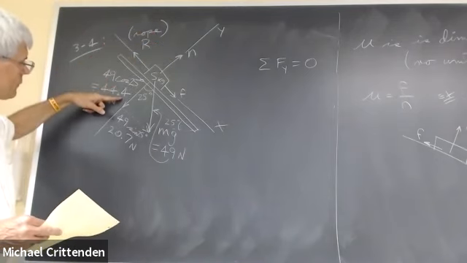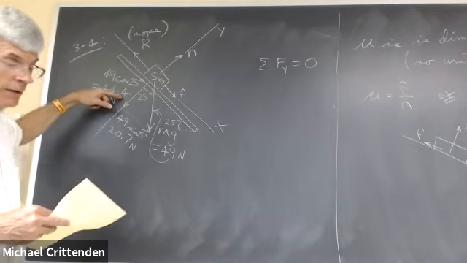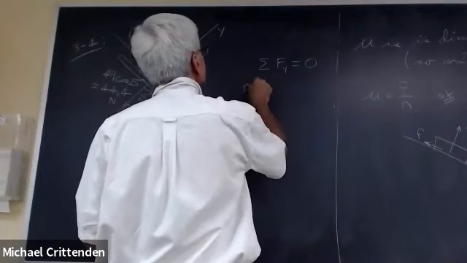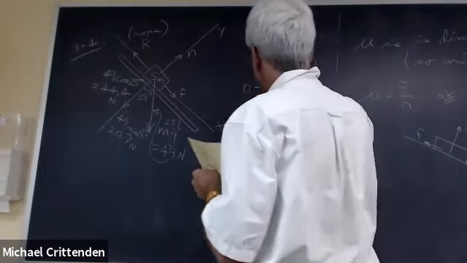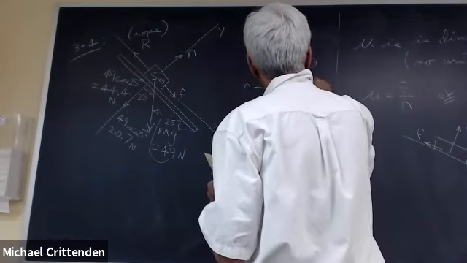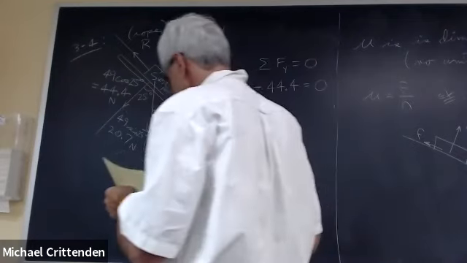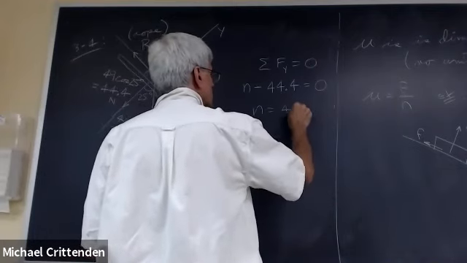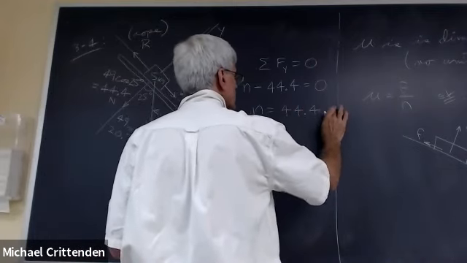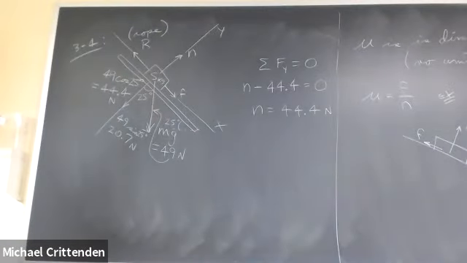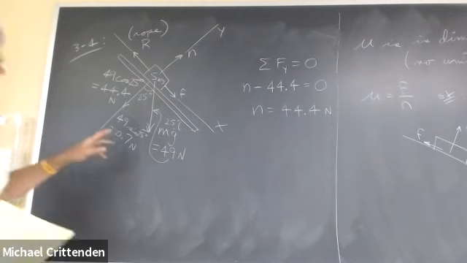I've got the 44.4 pointing down the y-axis. So N is positive, 44.4 is negative. 44.4 newtons for the normal force.